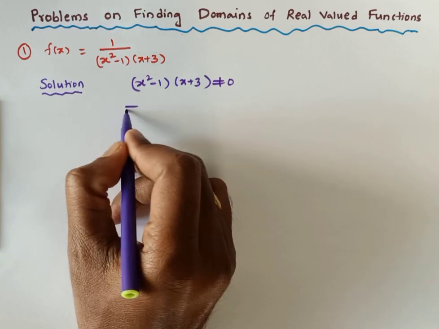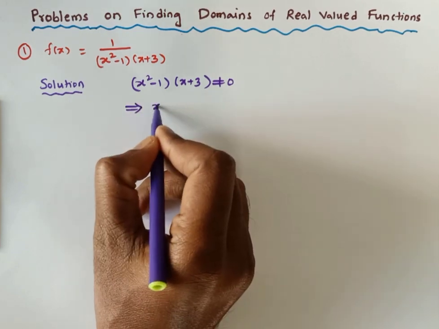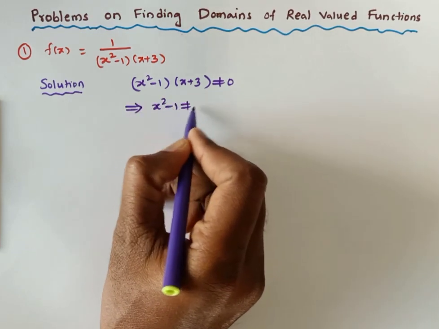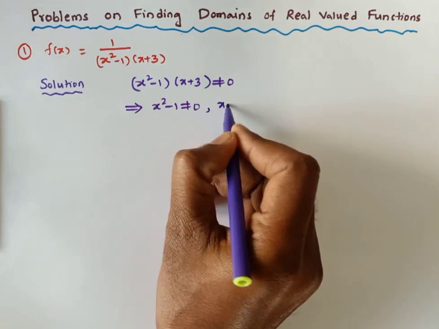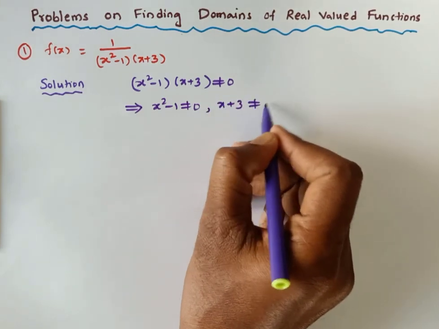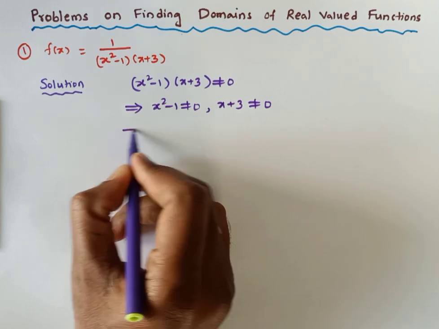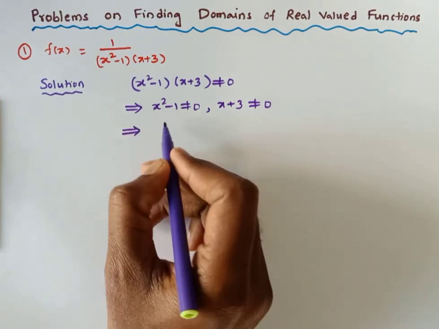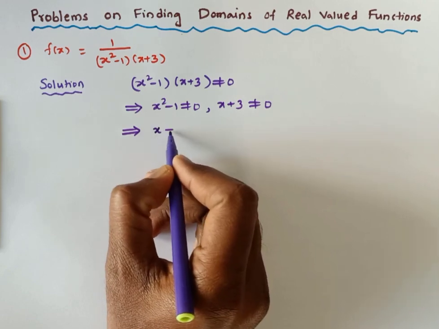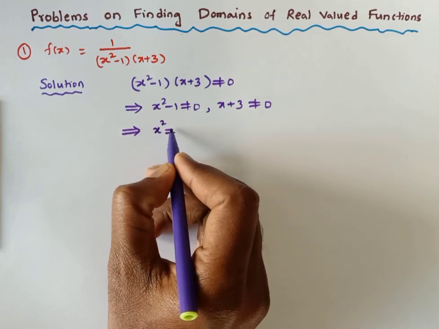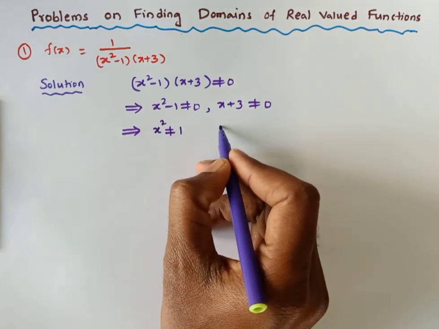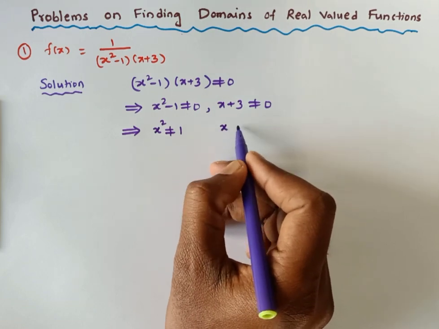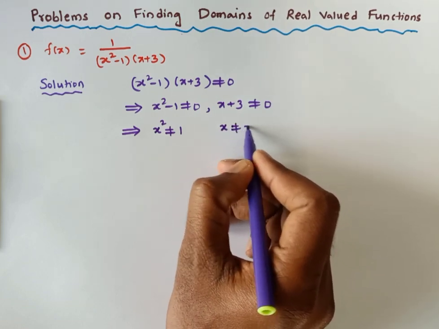This implies x square minus 1 is not equal to 0 and x plus 3 is also not equal to 0. Now x square minus 1 is not equal to 0 means x minus 1 into x plus 1, right? So x square is not equal to 1, and x plus 3 is not equal to 0 means x is not equal to minus 3.